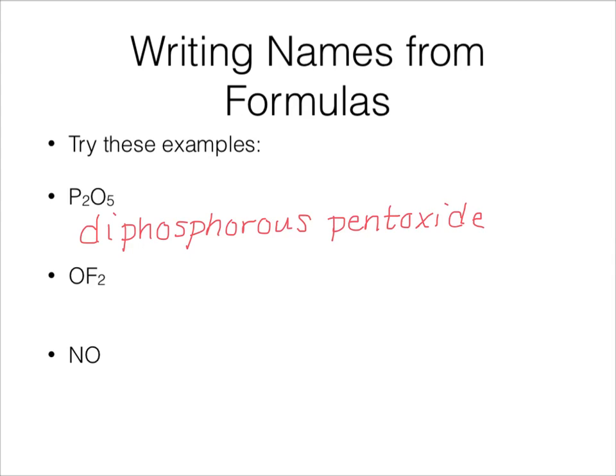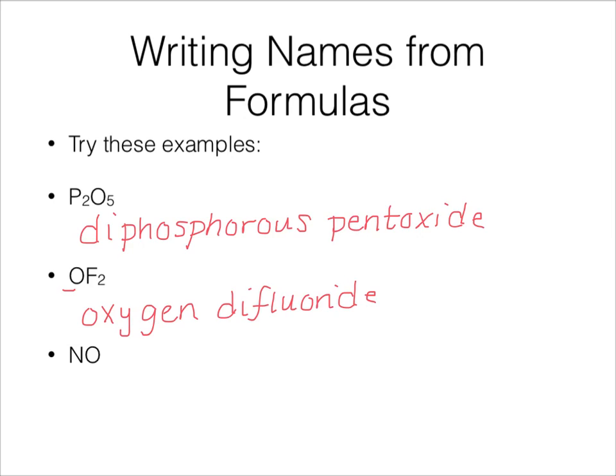So the next one is O and F. There's 1 atom of oxygen and 2 atoms of fluorine. So this is going to be oxygen difluoride. Note that if there's only 1 atom of the first element, we actually leave off using the word mono.